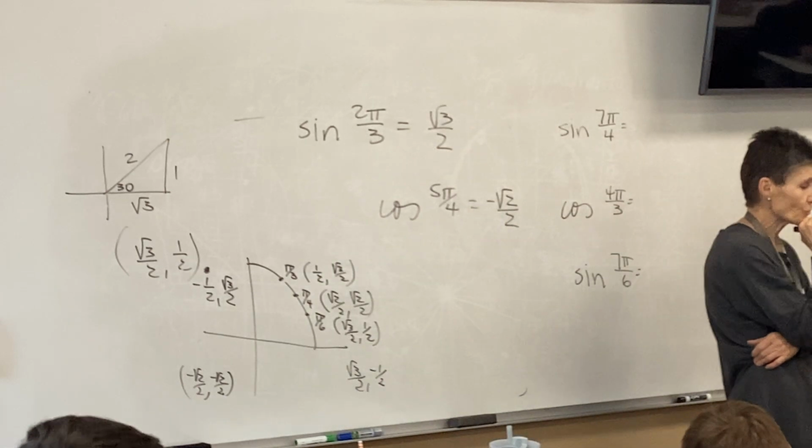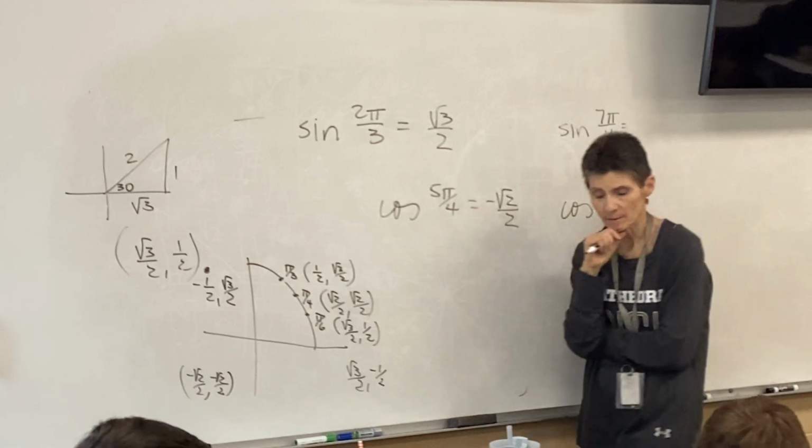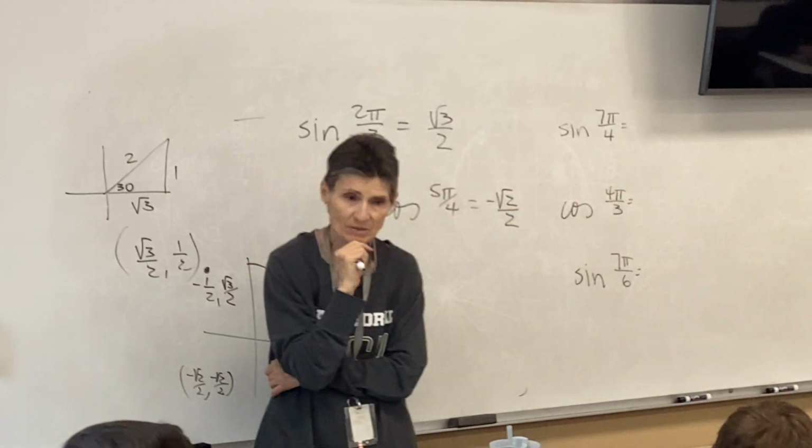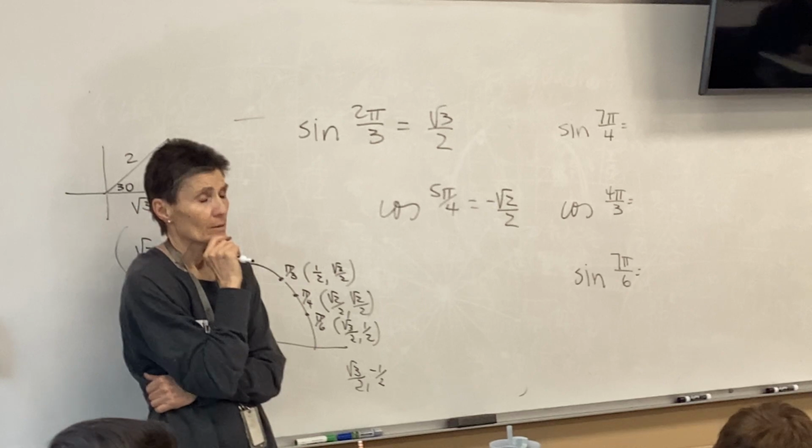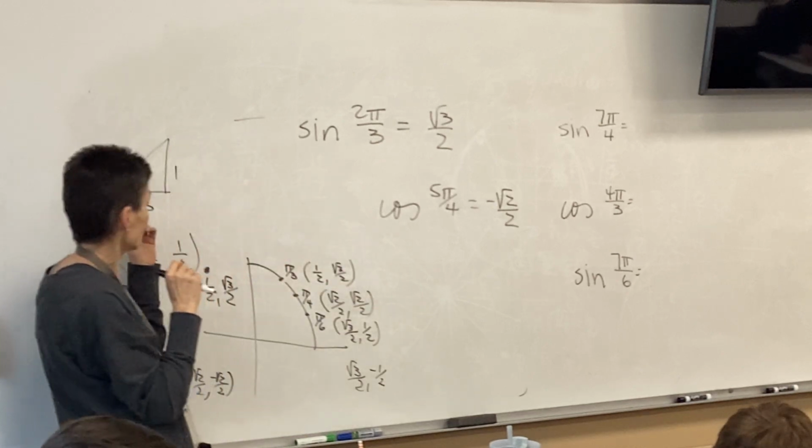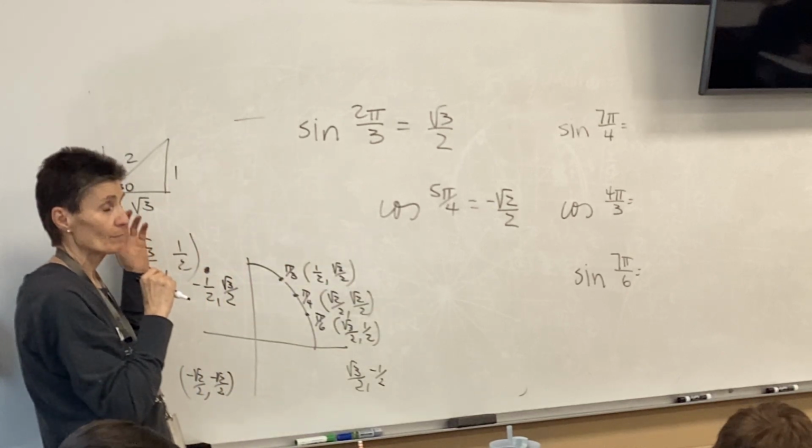Go ahead and use your circle up there. I know you haven't had a chance to memorize or anything yet, and that's fine. You can always do your triangle, figure it out.